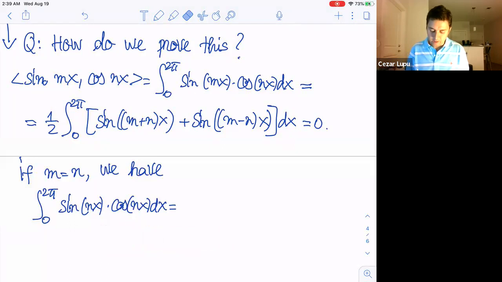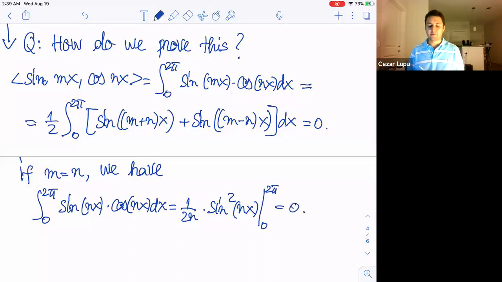I don't even need this because there will be nothing else there. This will be just, okay, it will be 1/2n sine squared of nx, right? Yes. And this will be from 0 to 2 pi. And guess what? After some computations, this will give you 0.